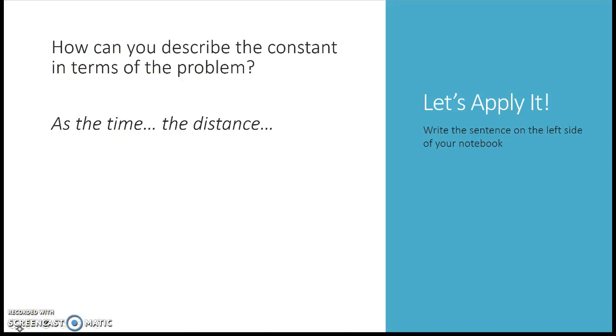So we want to write this in a complete sentence. In your notebook, on the left-hand side, you can write it in a complete sentence. So as the time increases, we're going to use my constant. We did k equals y over x, so 1/10 of a mile per minute.